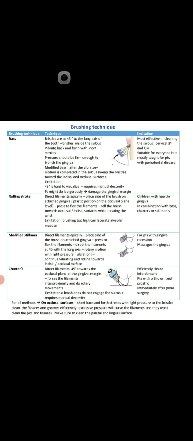In perio there are minor surgery, major surgery, mostly white and red lesion charts. Now charter method, chart. Charter method is for patients of ortho, prostho and perio. You can remember these methods by this simple mnemonic.